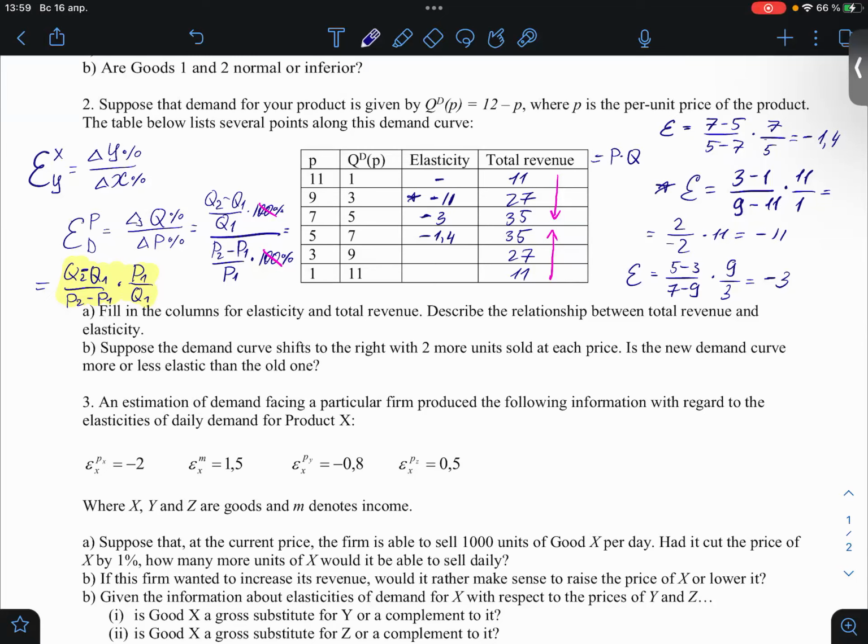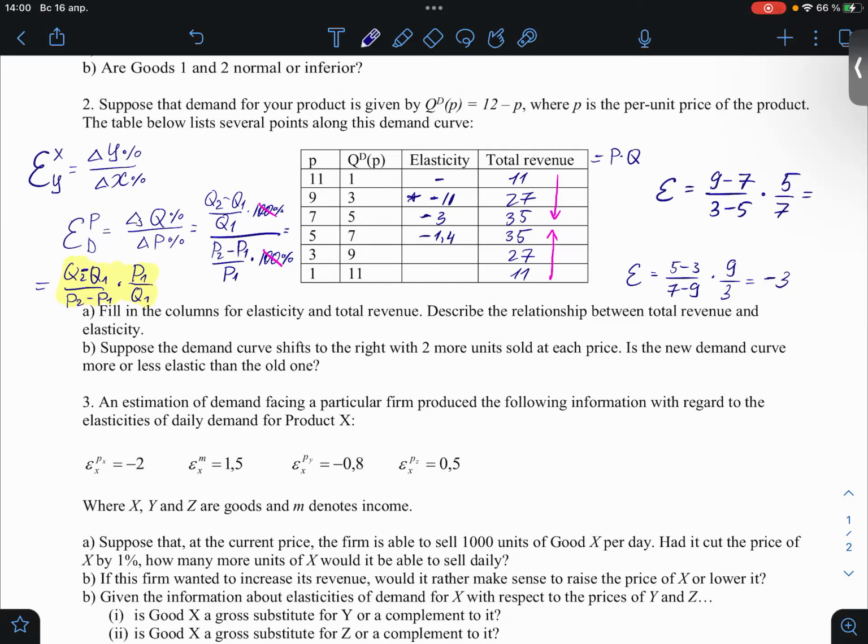7 over 5. Yes. Next, I will erase. So here, elasticity: 9 minus 7 over 3 minus 5 multiplied by 5 divided by 7.